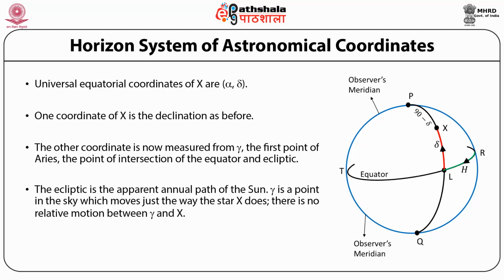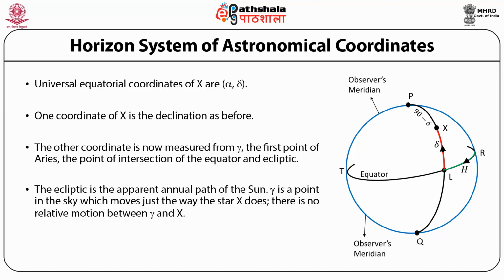We know that the Earth is revolving around the Sun, and it takes 1 year for the Earth to make one revolution. If we treat ourselves as being at rest, then to us the Sun appears as if it is moving around the Earth. This apparent annual path of the Sun, when taken as a projection on the celestial sphere, is called the ecliptic. The ecliptic is also shown in the picture.